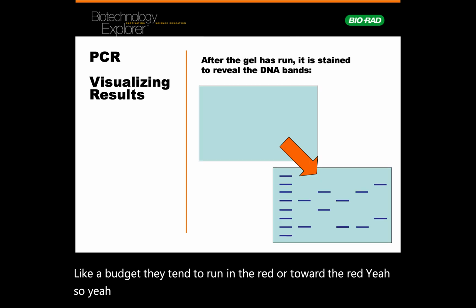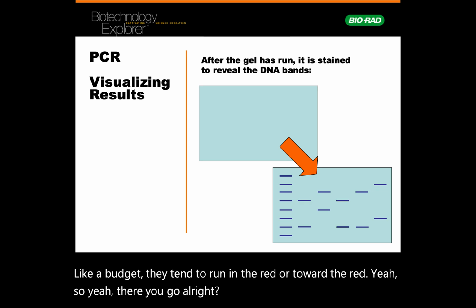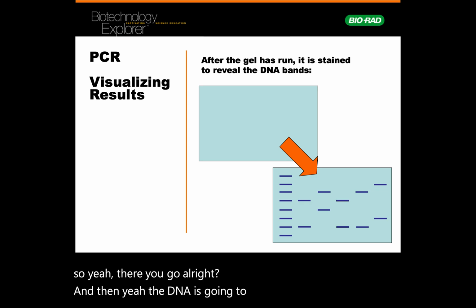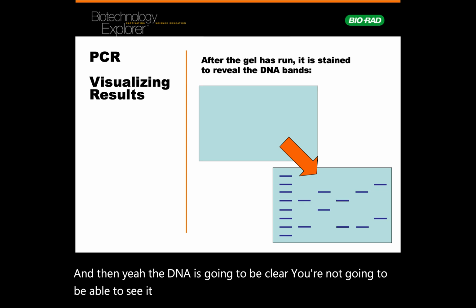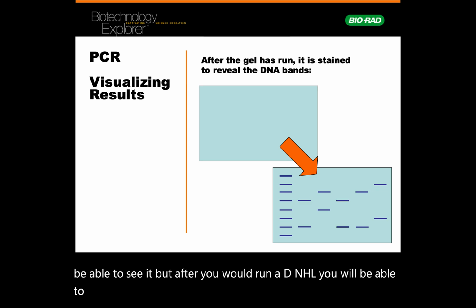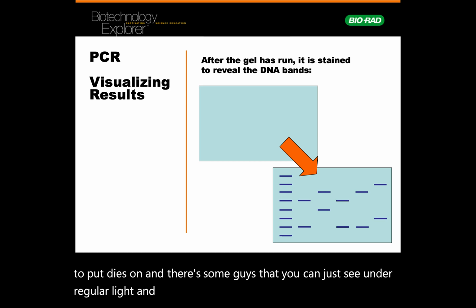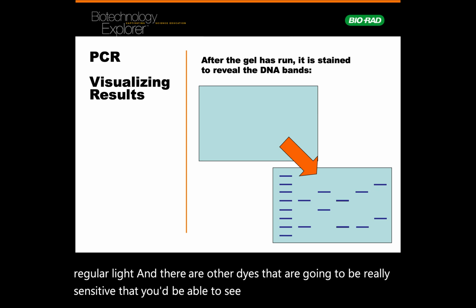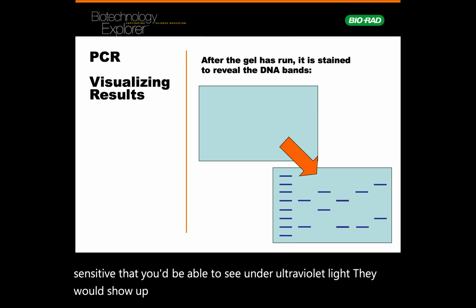All right. And then the DNA is going to be clear. You're not going to be able to see it, but after you run a DNA gel, you will be able to put dyes on that, and there are some dyes that you can just see under regular light, and there are other dyes that are really sensitive that you'd be able to see under ultraviolet light. They would show up as fluorescent dyes, and they look really beautiful.